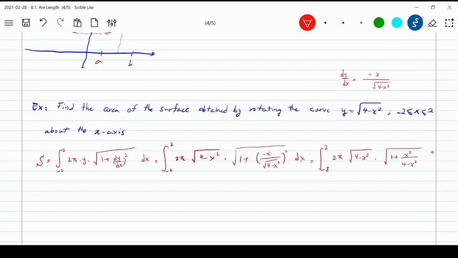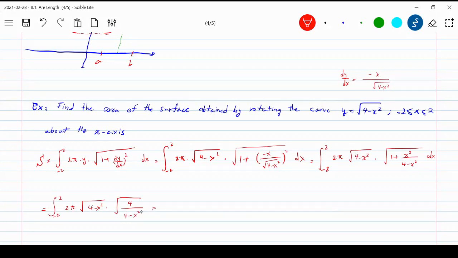And you can do a common denominator just to simplify it a bit more. So this is from negative 2 to 2 of 2 pi square root of 4 minus x squared multiplied by, with the common denominator, the square root of 4 minus x squared plus x squared, so you would get 4 divided by 4 minus x squared.